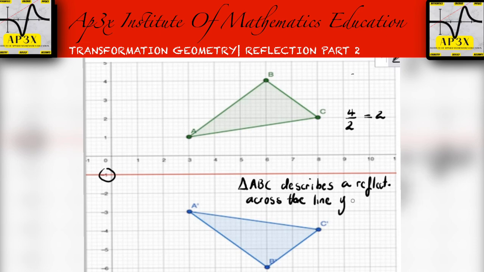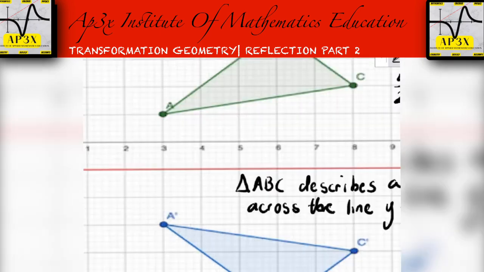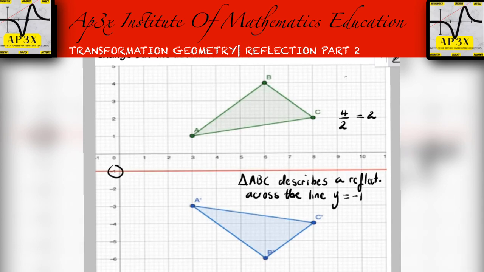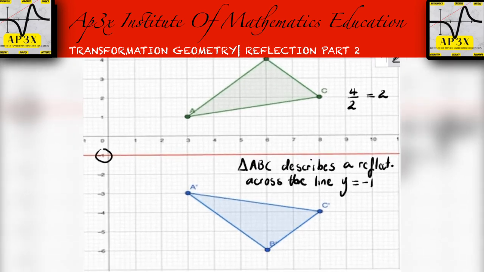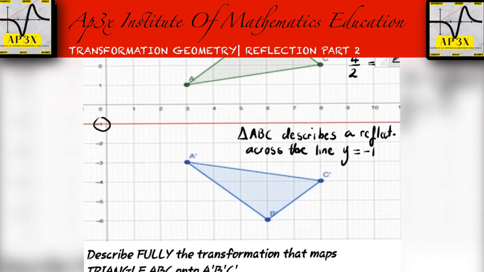So it passes through the line y equals -1. That confirms that this is in fact a non-standard reflection. All right, beautiful. So that is how we go around that particular problem.